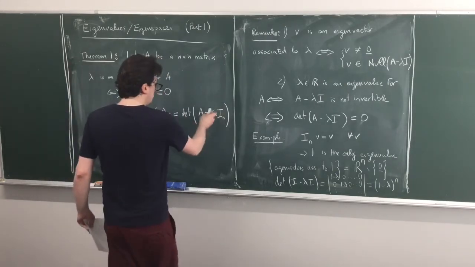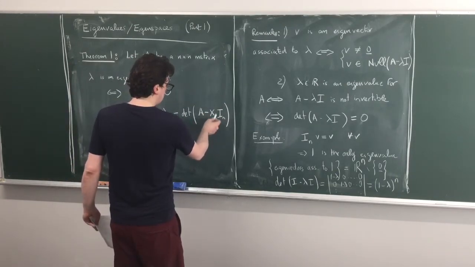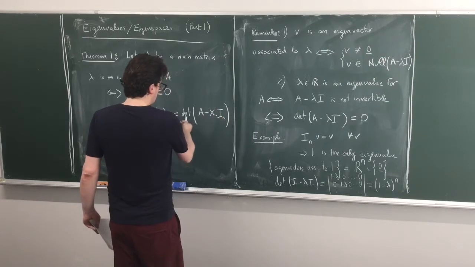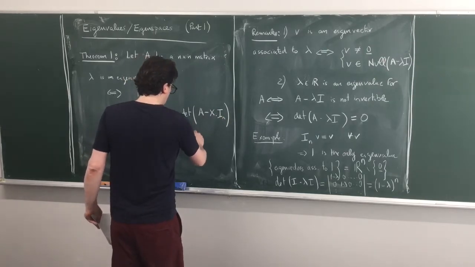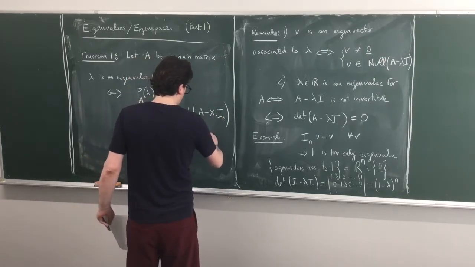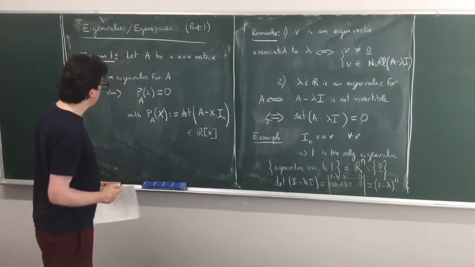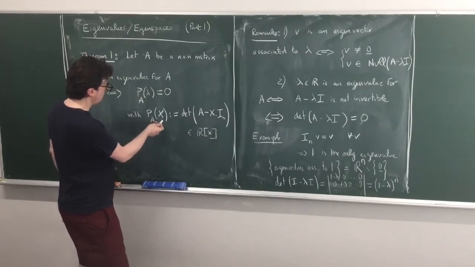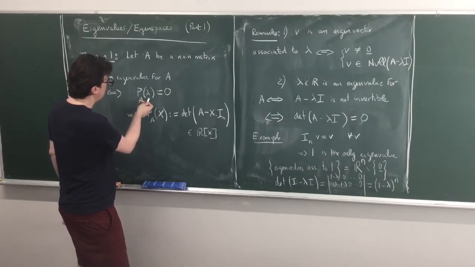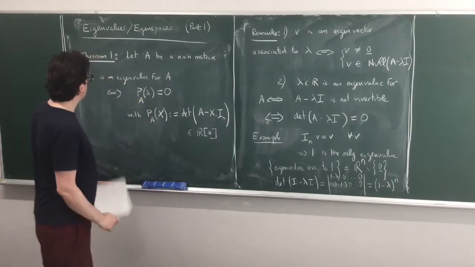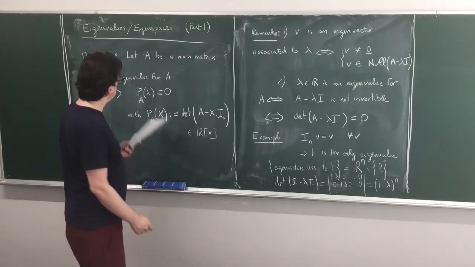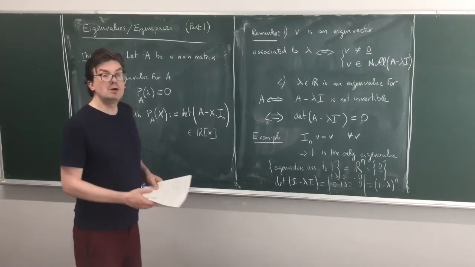This is a matrix with some variable X, and the determinant will be an element of R[X], so it will be in fact a polynomial that we can evaluate at the scalar lambda. To say that lambda is an eigenvalue is just to say that this polynomial will be 0.